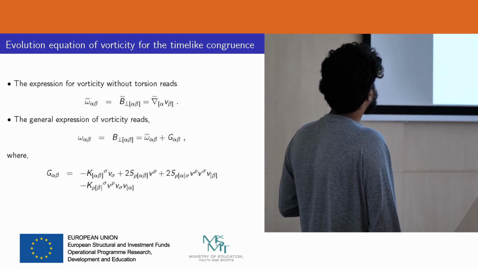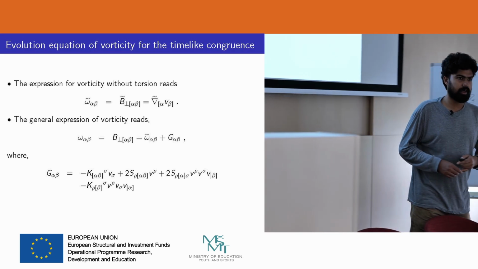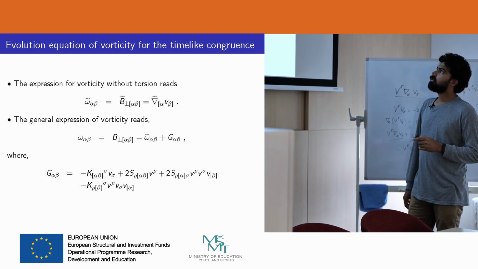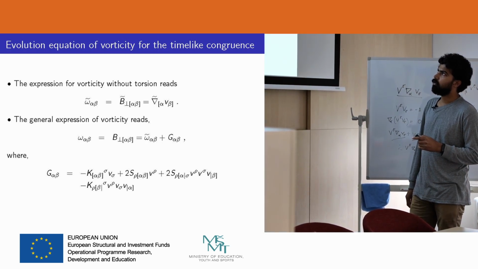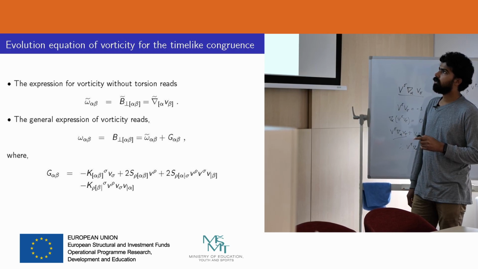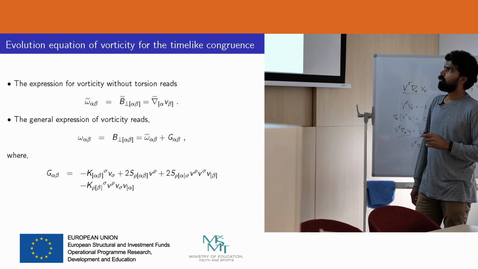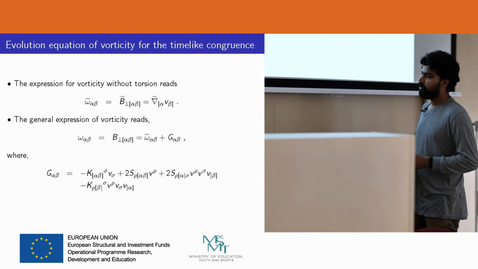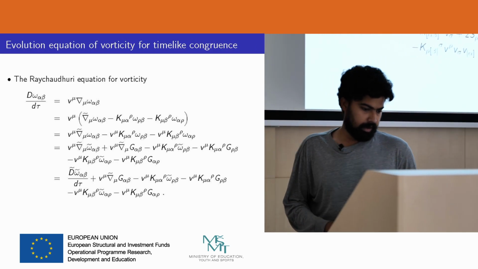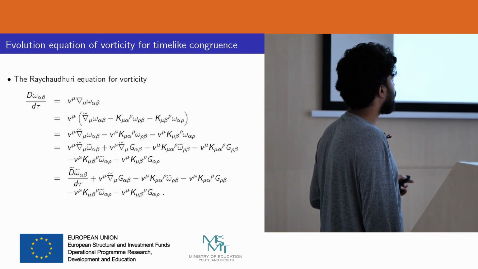And now we want to calculate how the twist, or vorticity, or the rotation tensor changes along the congruence. So this is the rotation tensor, or let us say vorticity tensor, omega tilde alpha beta without torsion, and this is the expression, that is the completely antisymmetric part of the perpendicular component of B. The general expression of vorticity we can write as omega tilde alpha beta plus G alpha beta.